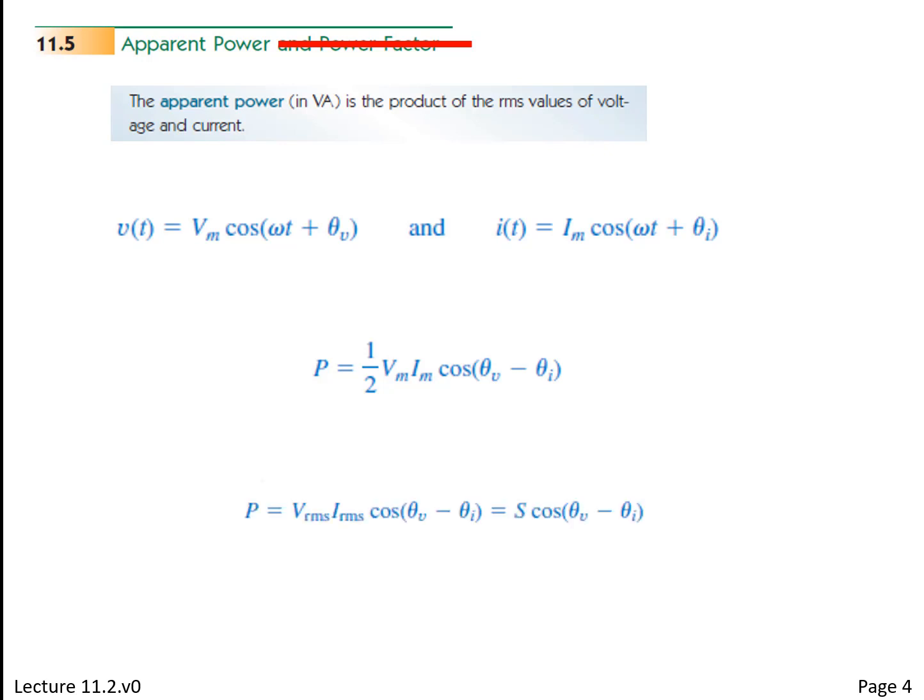What I'm saying now is we get apparent power by saying it's the product of the RMS voltage and the RMS current. Okay, so here we have the RMS voltage coupled with its phase angle, and here's our RMS current coupled with its phase angle.